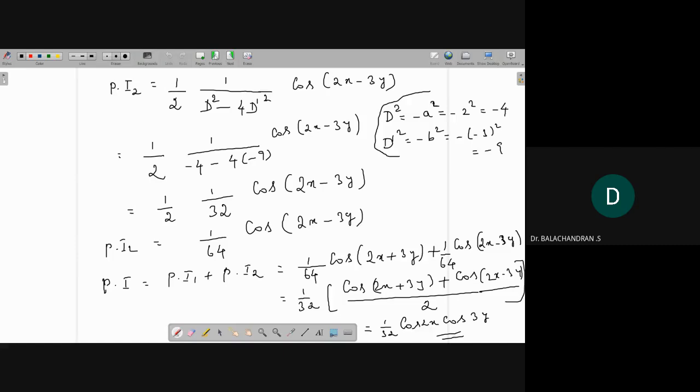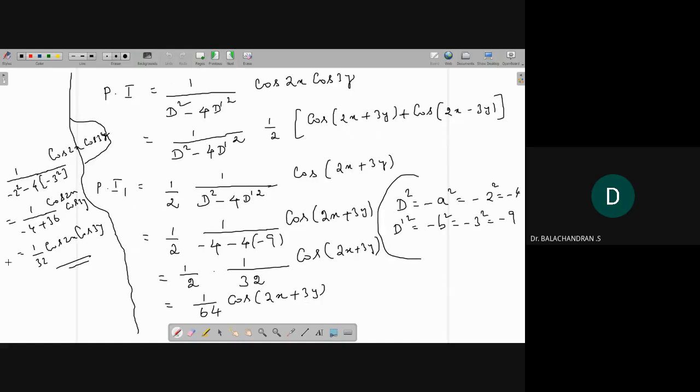You can use this idea only if you have cos or sin, and also only if you have d square and d dash square.